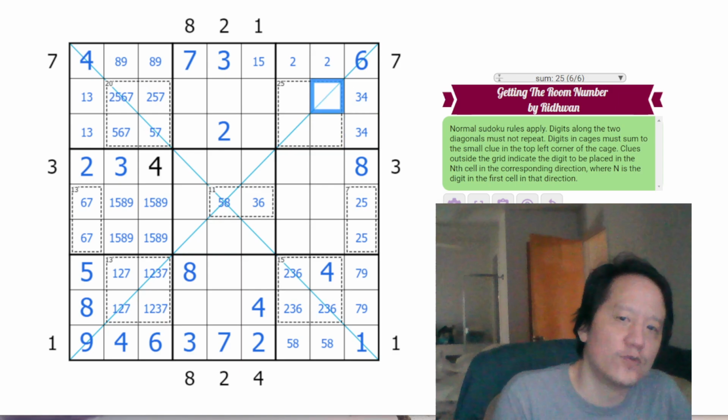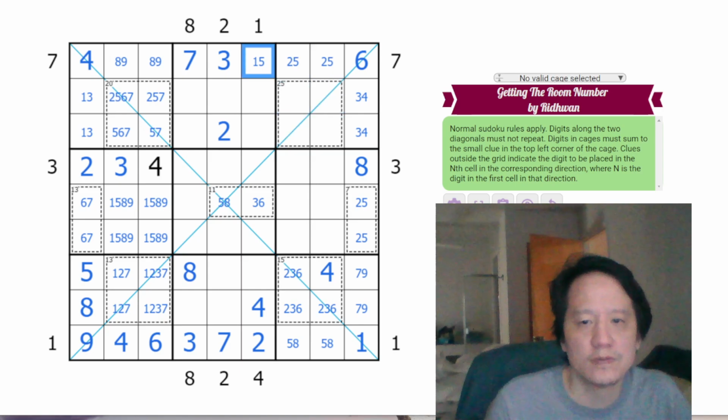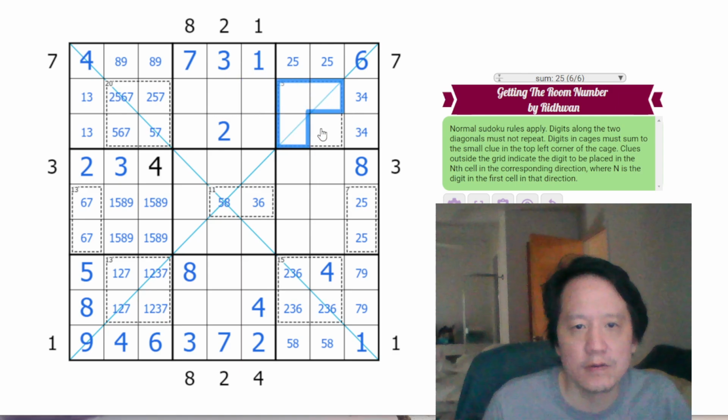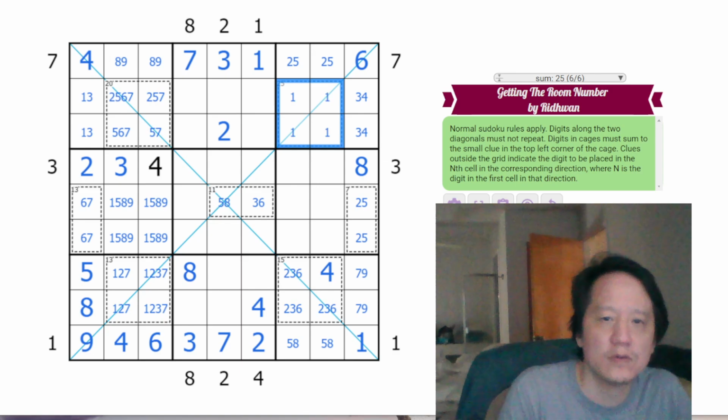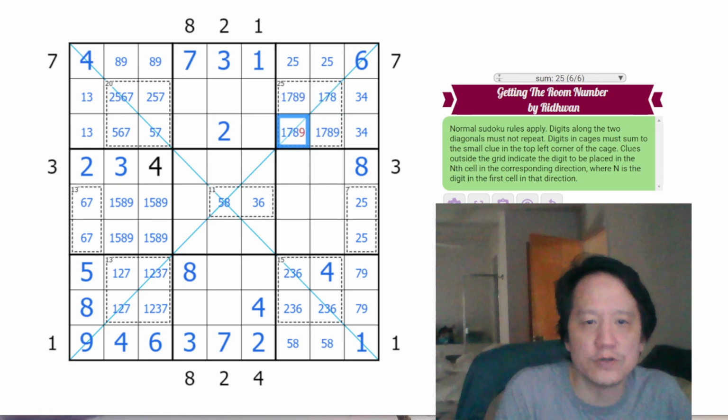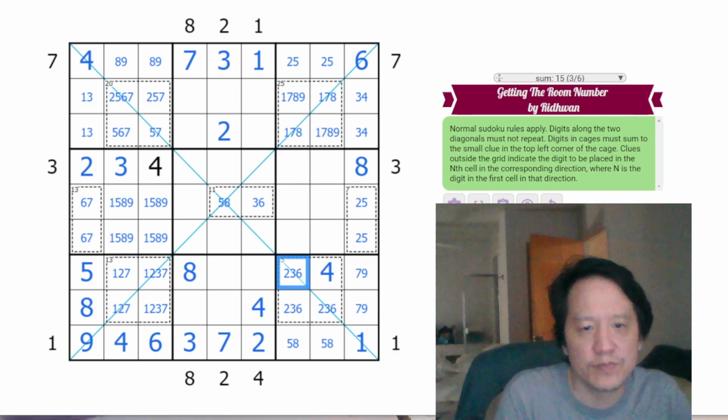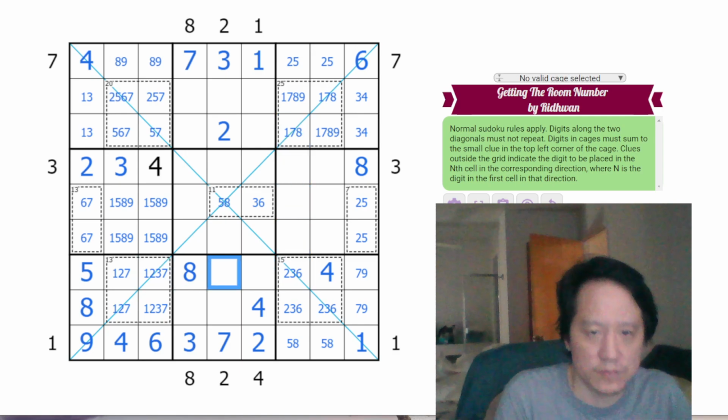No 3, 4, 2, 3, 4, or 6. Which means this has to be 1, 7, 8, 9. So this is 2 and 5. So this is 1. This is 1, 7, 8, 9. So no 9 along the diagonal. This is 2 and 5.